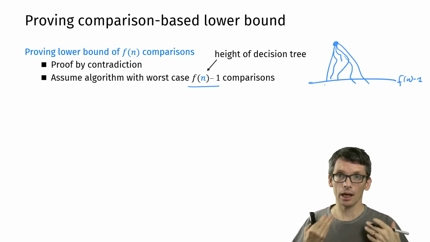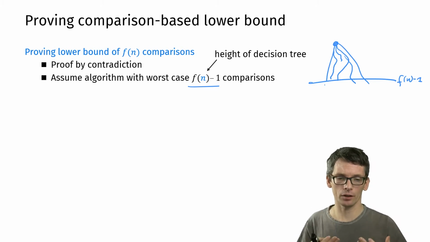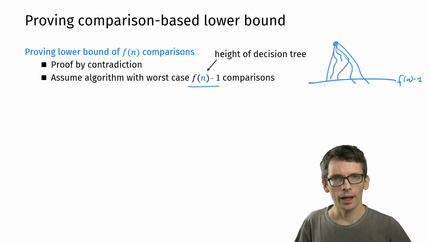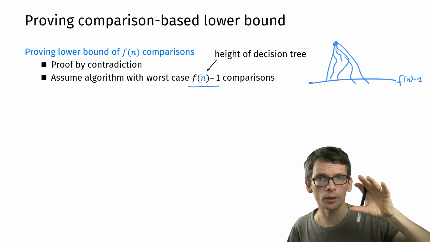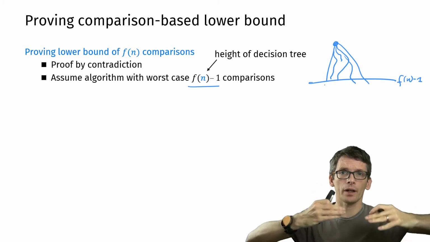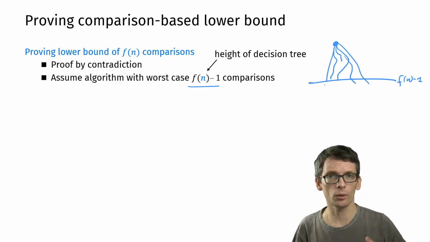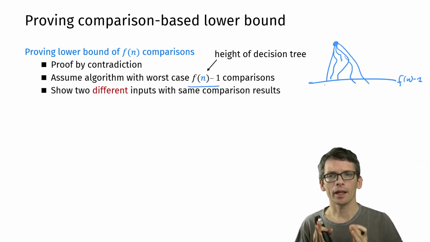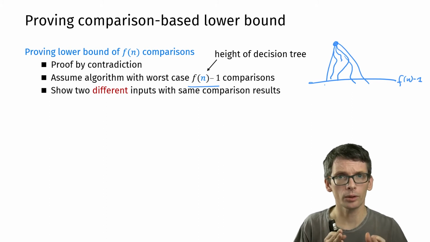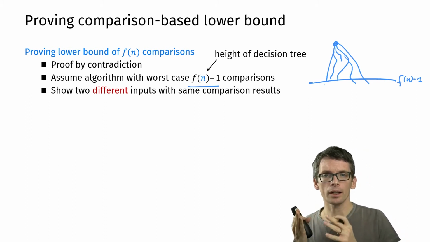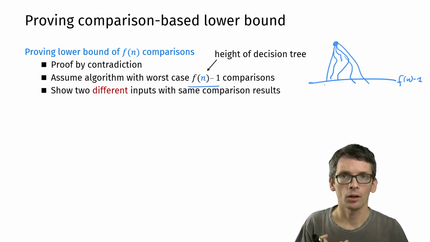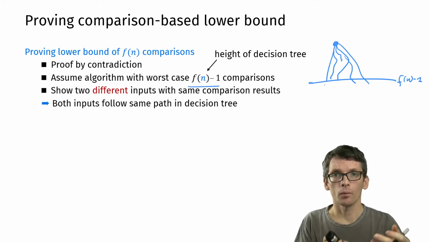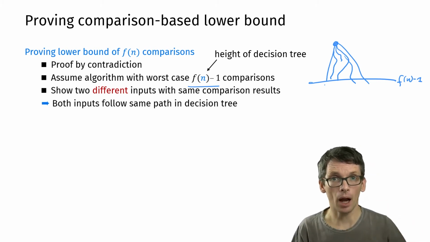So that gives us a bound on the height of the decision tree. And we're going to use this now to prove that if the height of this decision tree is too much bounded, so too small, then there will be two different inputs that reside in the same comparisons. So that means they're going to follow the same path in this decision tree.